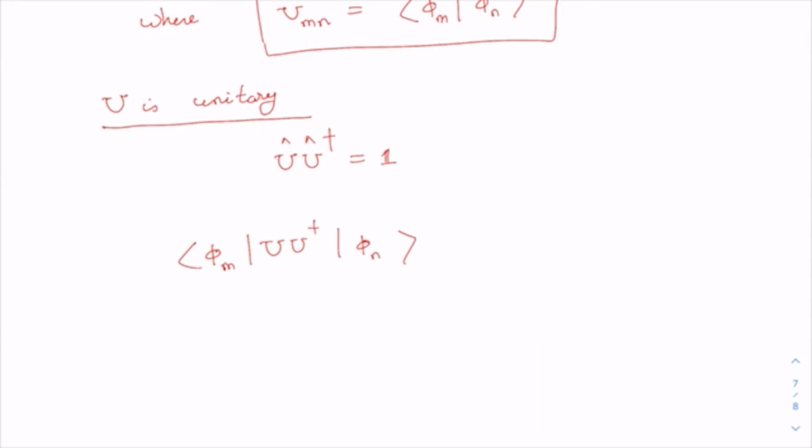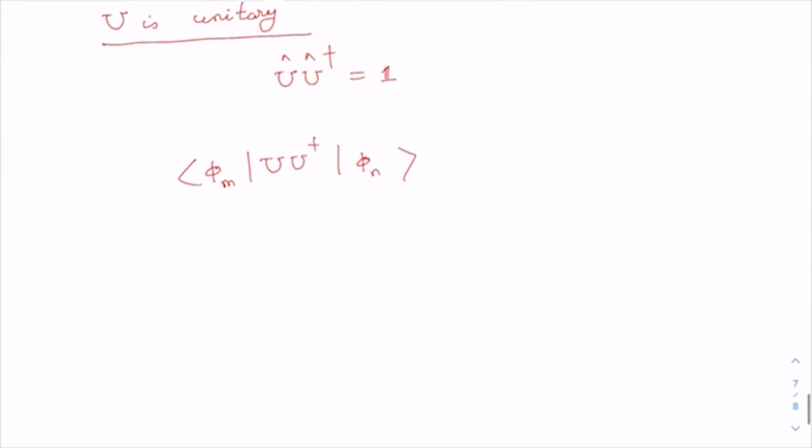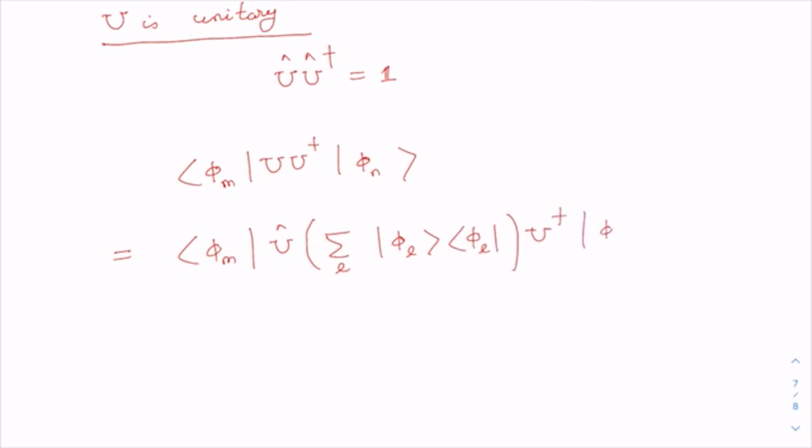Okay, I will show this now. I can write it as phi m, and utilizing the completeness condition, let me put in another set of basis states, say phi l, and we have U dagger phi n.